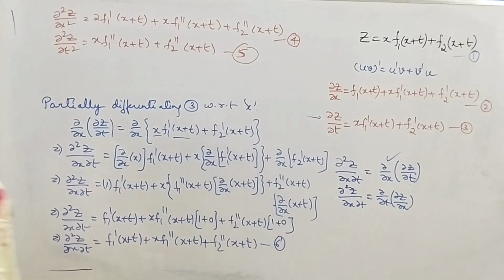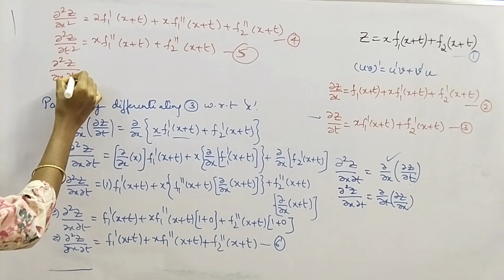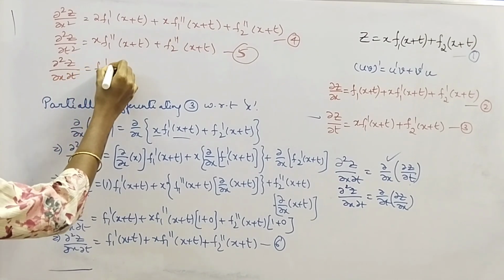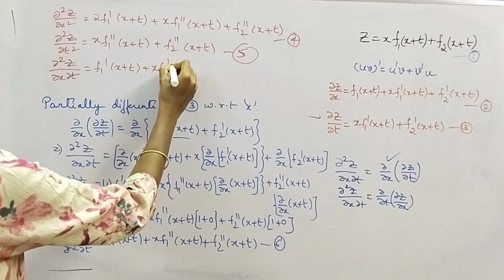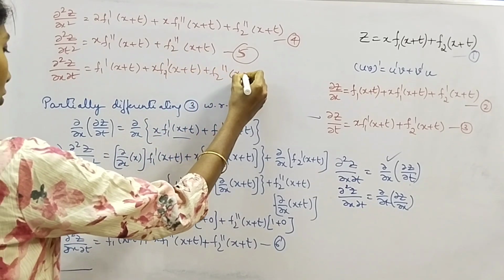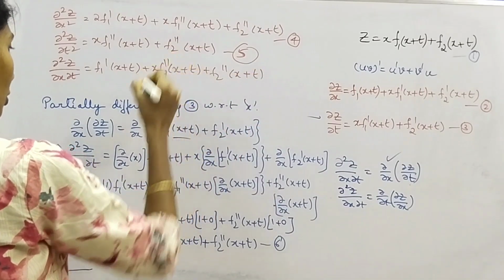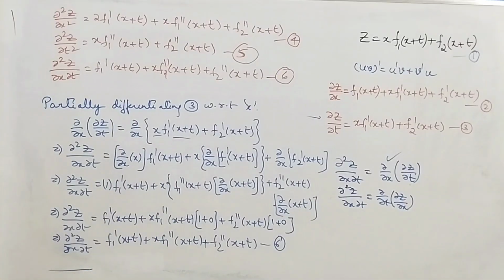So we got equation number 6, ∂²z/∂x∂t equal to f1 prime of x plus t plus x into f1 double prime of x plus t plus f2 double prime of x plus t, which is equation number 6. Now using all the equations we have, we'll find the required partial differential equation. Let's see that.